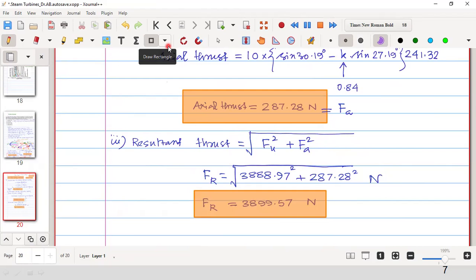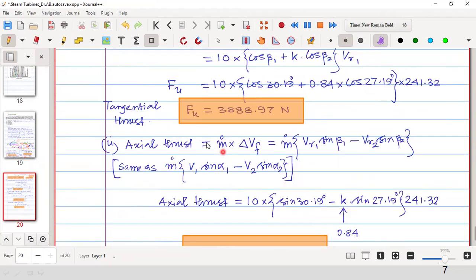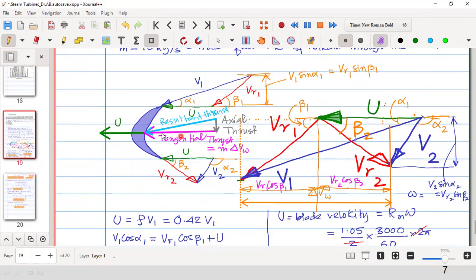Okay, simply sir. Resultant thrust means basically it's a vector as if there are two components, axial component and tangential component. Therefore, resultant is equal to the vector sum of these two. If they are orthogonal, then you can get the resultant simply by adding the squares and after that taking a square root.